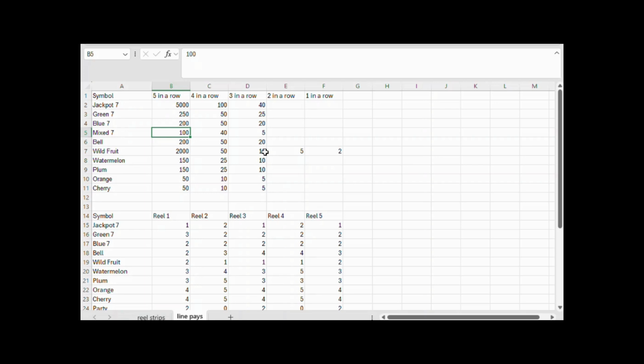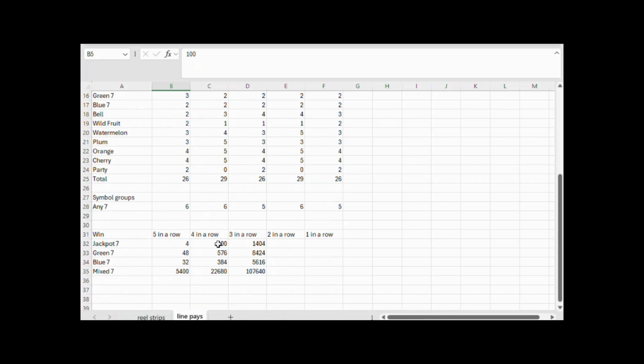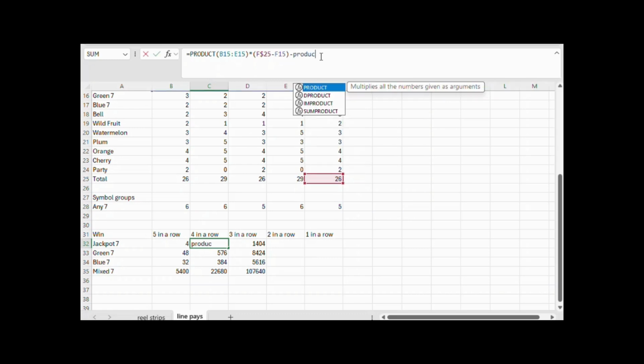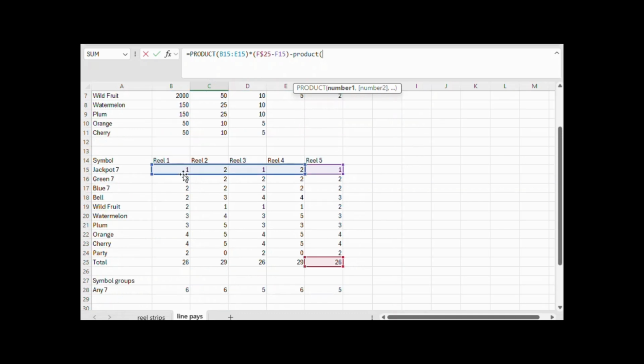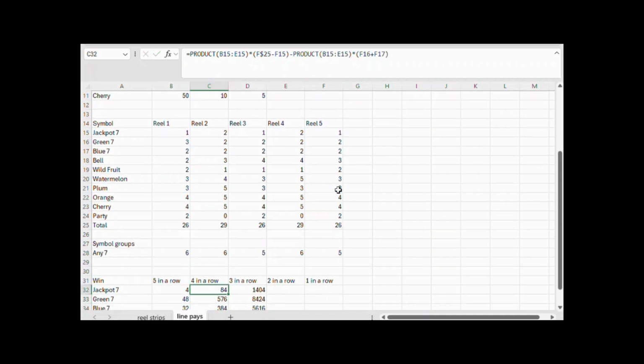So I'm going to count it as 5 mixed 7s. So I need to subtract out of these 100 combinations the number of ways the player can get a Jackpot 7 symbol on reels 1 to 4 times the number of ways he can get a green or a blue 7 on reel 5. So that reduces that number of combinations from 100 to 84.